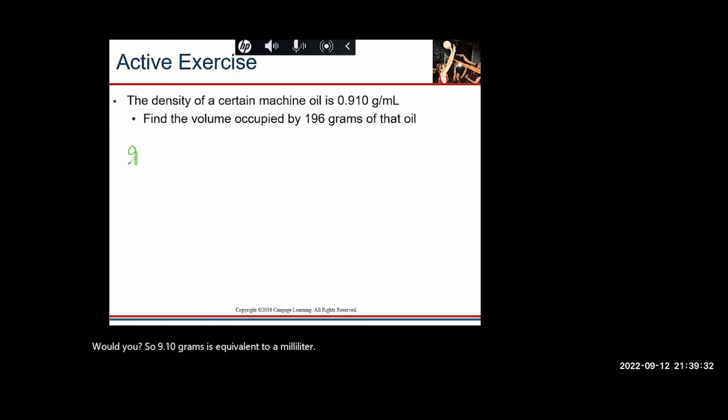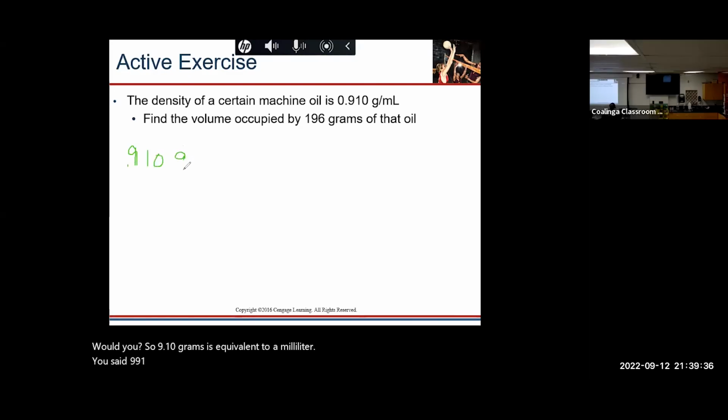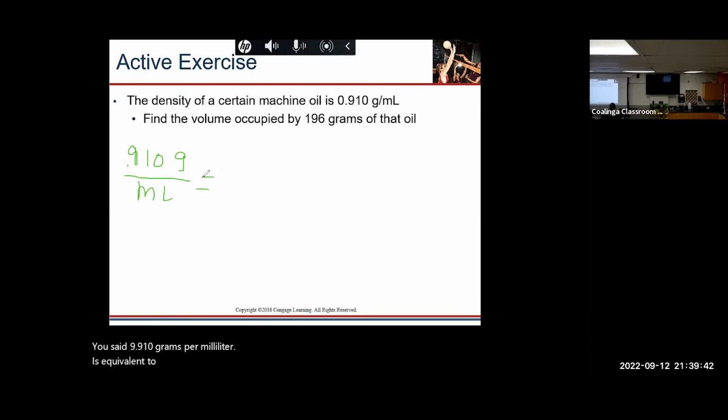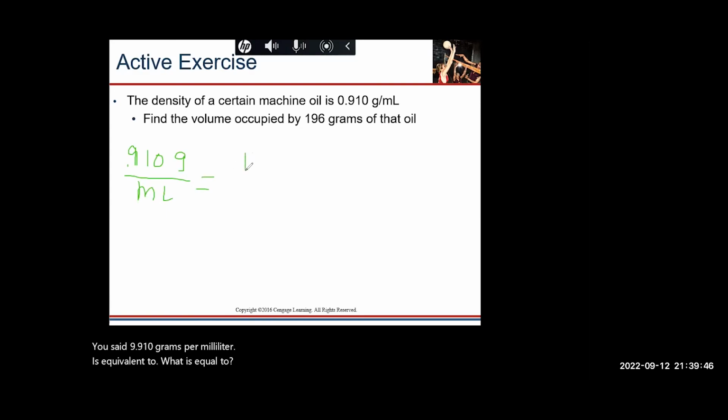Is that what it's saying? Grams per milliliter. 0.910 grams per milliliter is equal to what? 1 milliliter.